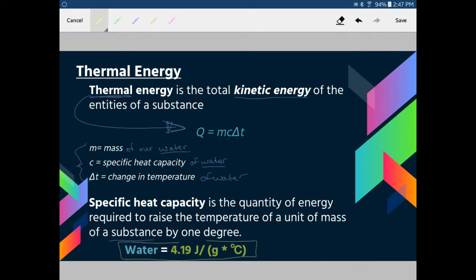For water, we're looking at a specific heat capacity of 4.19 joules per gram degrees Celsius. So what that means is it takes 4.19 joules to raise 1 gram of water by 1 degree Celsius. Now, this value should be given to you in your chemistry data booklet. However, I would definitely be pretty familiar with it, just to make your calculations a bit faster and easier to get through.